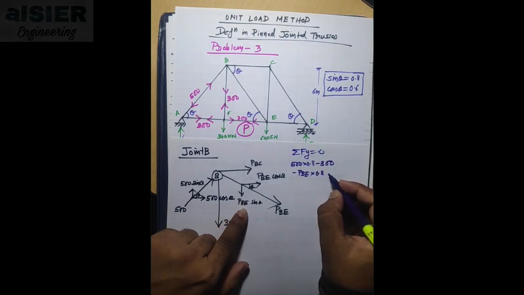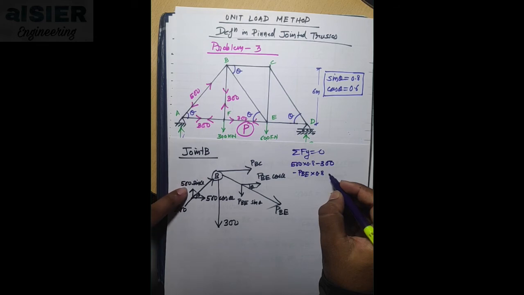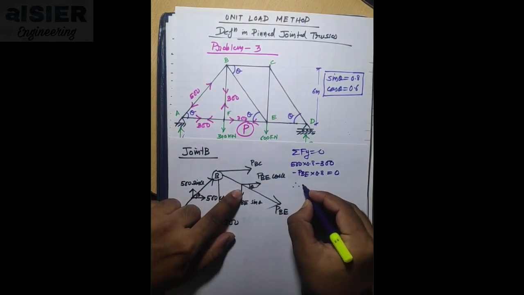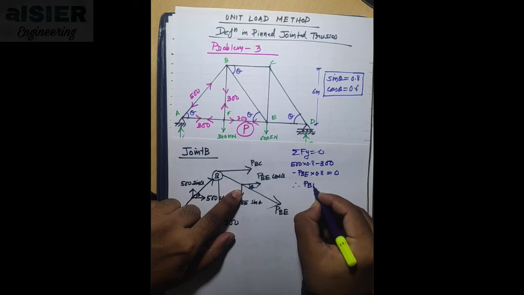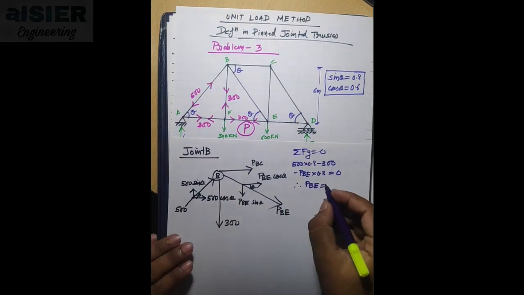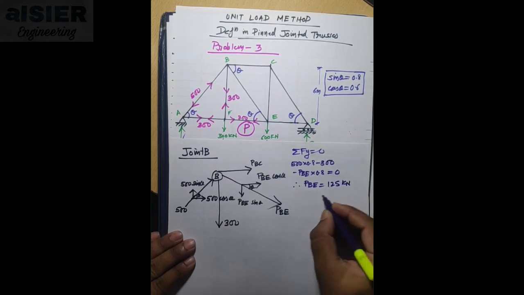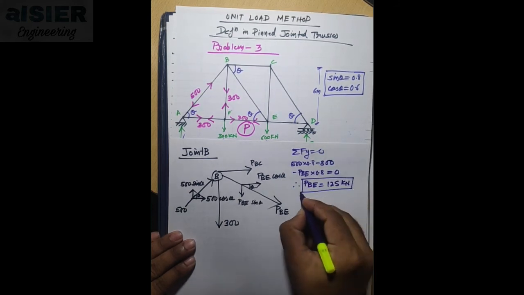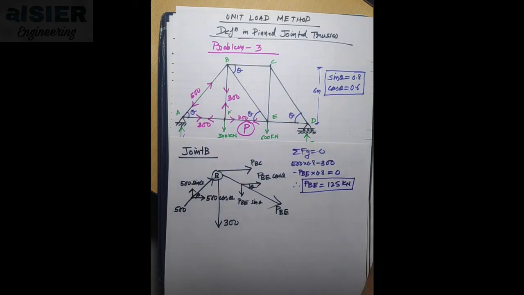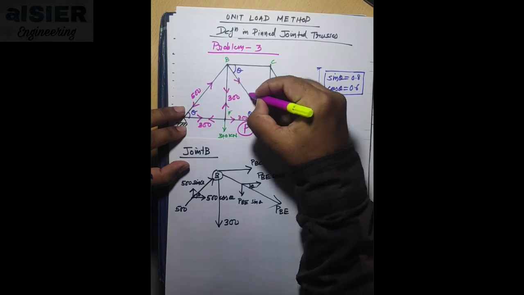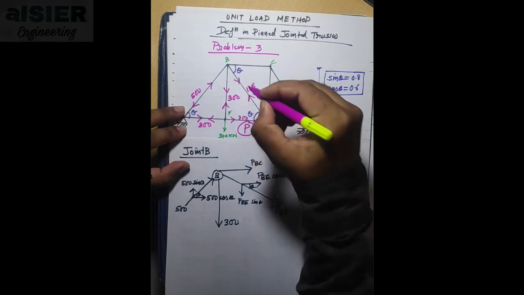Okay, so there are only three forces, 1, 2 and 3 is equals to 0, and therefore we will get PBE is equals to 125 kilonewton, and that is positive. What does positive mean? Our assumption is correct. What was our assumption? It is away from the joint. So it is away from joint, 125, right?